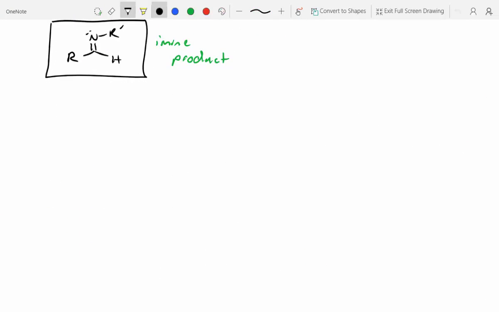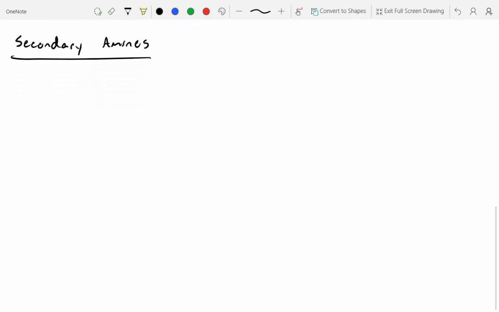So let's imagine using a secondary amine. With secondary amines, we have a little bit different chemistry occurring. So let's take this generic aldehyde.